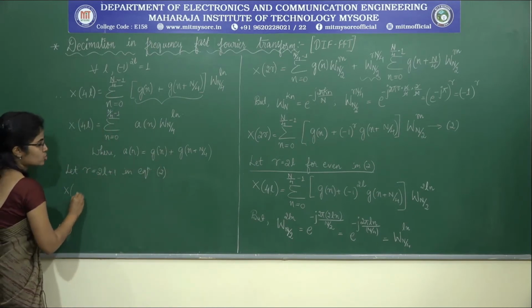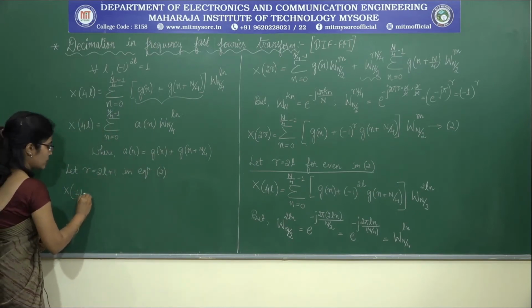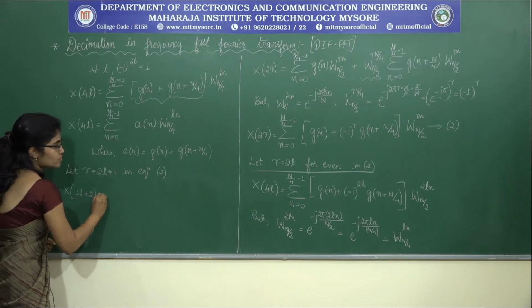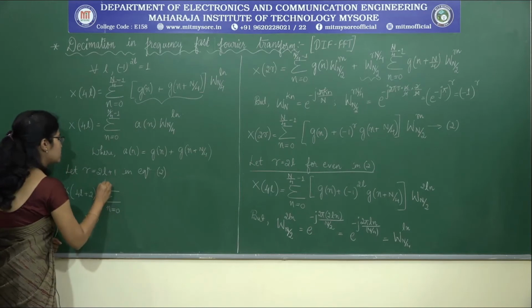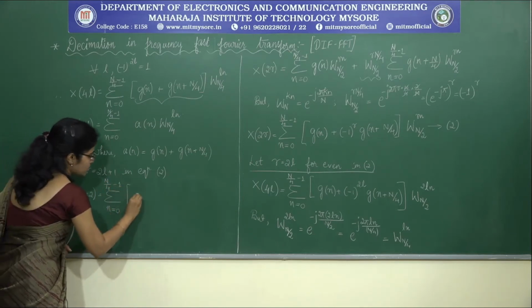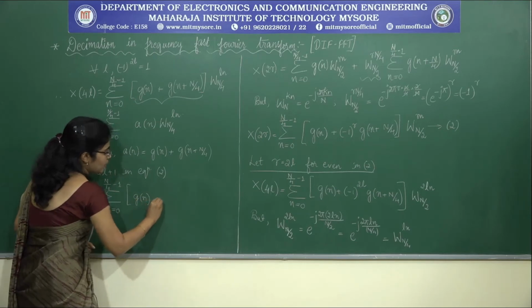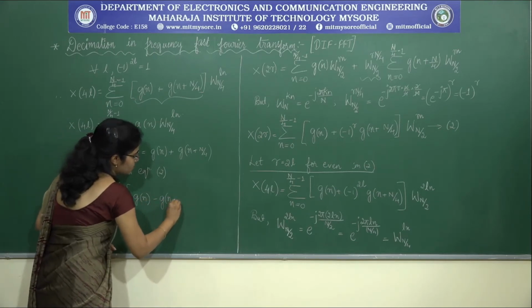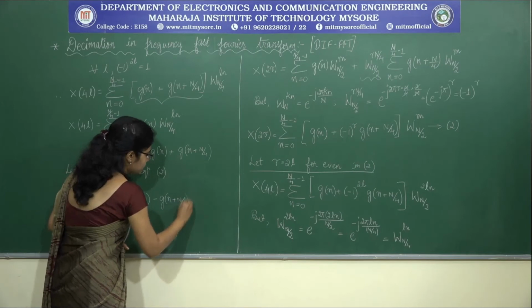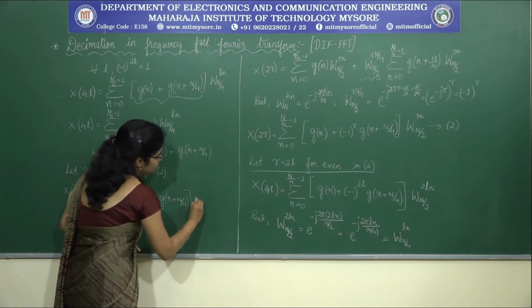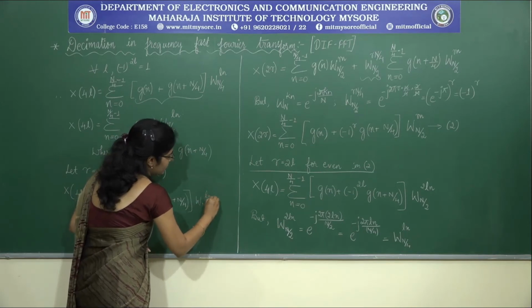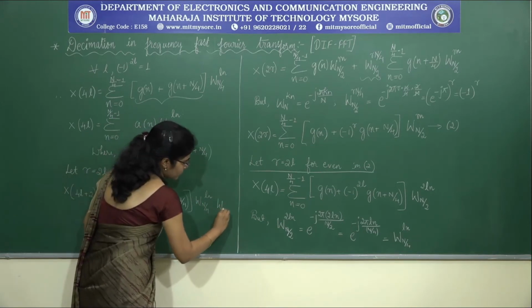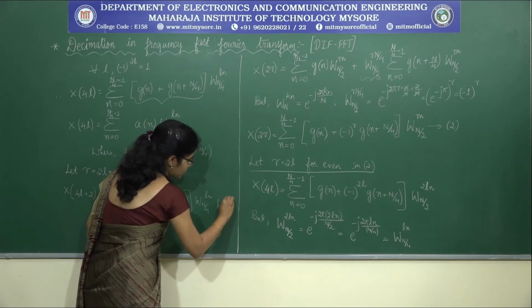So, it becomes X of 4l plus 2, which is equal to summation n ranges from 0 to N/4 minus 1 g of n minus g of n plus N/4 into omega N by 4 to the power of ln into omega N by 2 to the power of n.